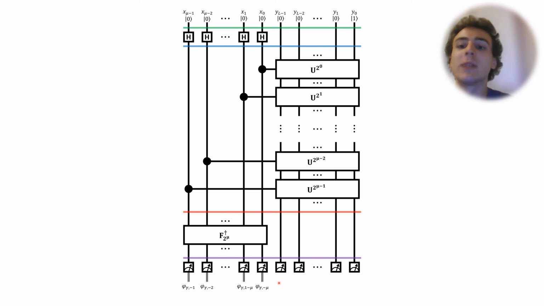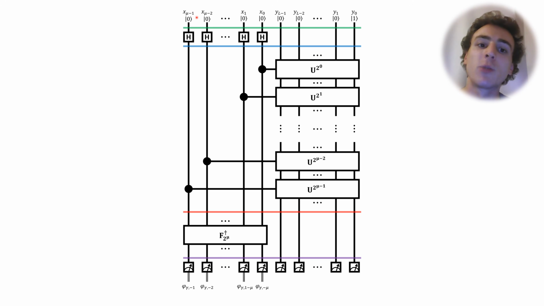But we always have to consider that there are errors. So even though it is the perfect format, we might get some errors. And that error is going to be mitigated by the choice of mu. So we want to reduce the error, but we always have to consider the trade-off. We can reduce the error by making mu really, really large, but it might not be practical to have a register of qubits that is extremely large.